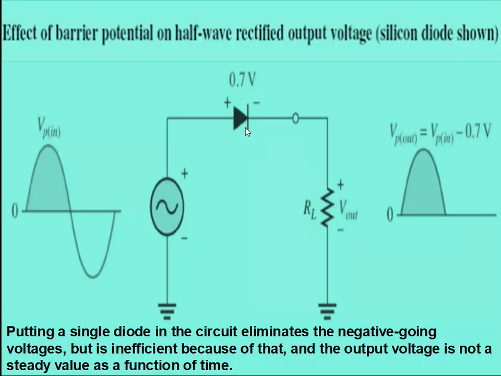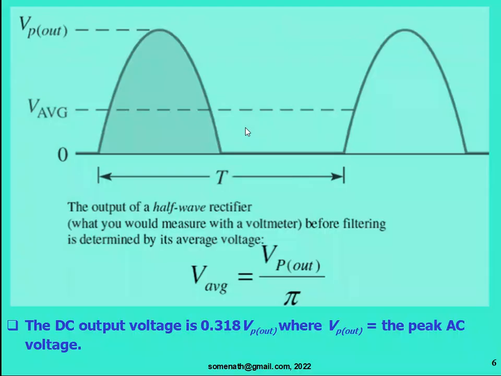Okay, so next, what is V average? V average is the mean voltage across the load. You can understand that the maximum voltage is VP, but when we calculate V average, we get VP by pi.